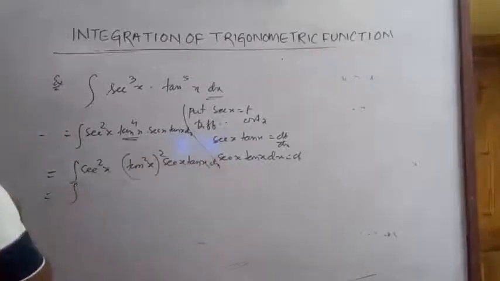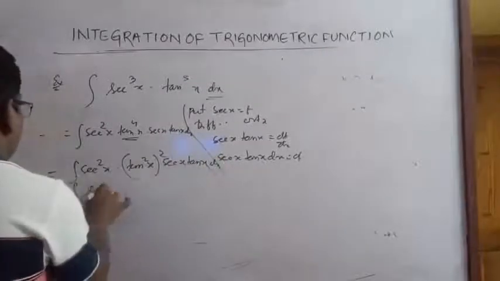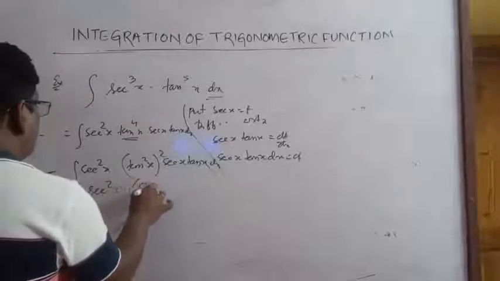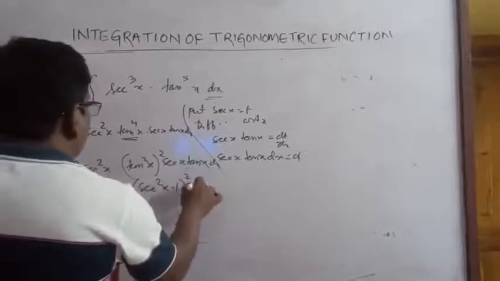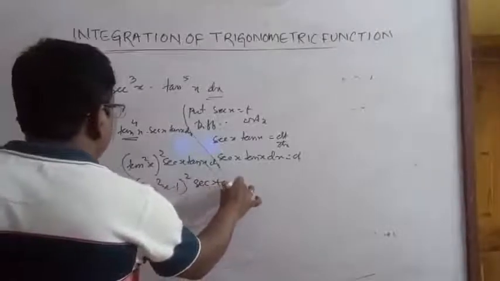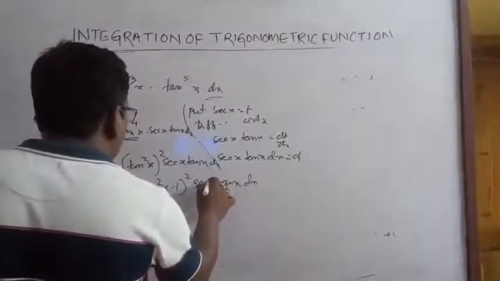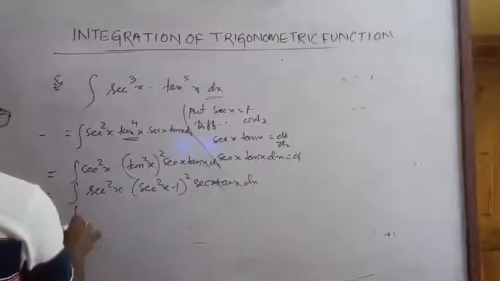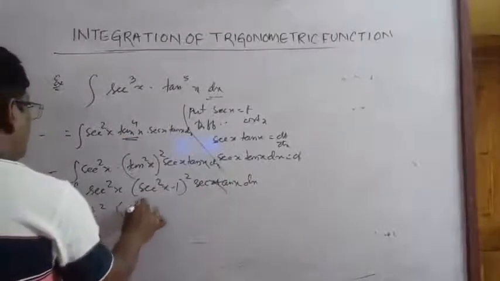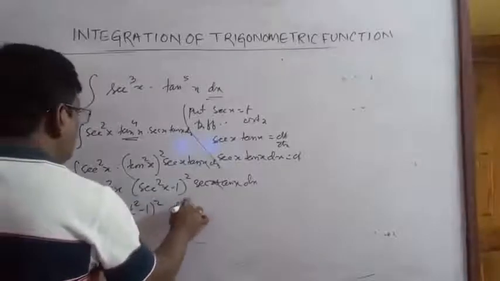So this is equal to sec square x, this is sec square x minus 1 whole square, sec x into tan x dx. And this is equal to t square minus 1 whole square, and this is dt.